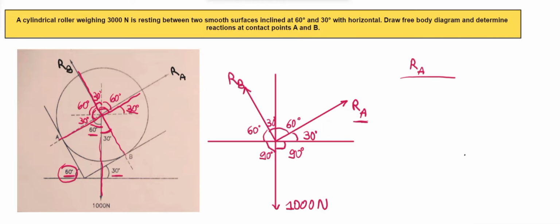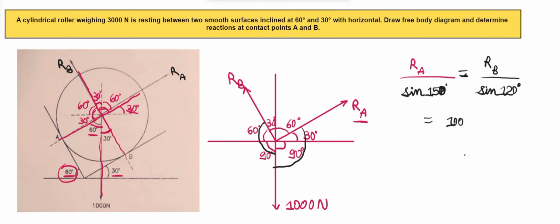RA divided by sine 150, because this total angle will be 90 plus 60, that is 150 degree. Then RB divided by sine 120 degree, as for RB, the opposite angle is 120 degree because 90 plus 30 is 120. And for 1000, it will be sine 90 degree because for it, this is the opposite angle and it is equal to 90 degree.